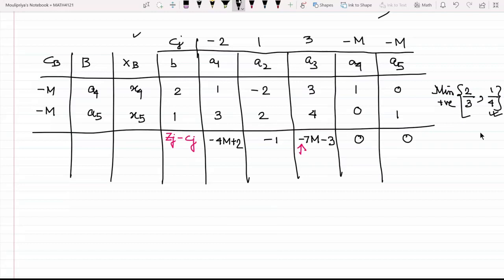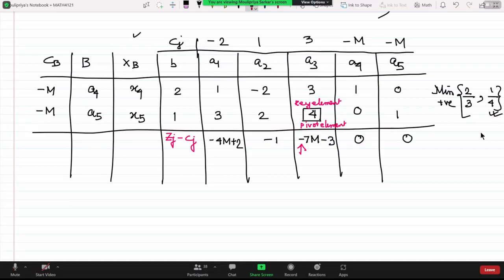That means this element, division by this element is giving you the minimum ratio. This element is also known as the key element or the pivot element.